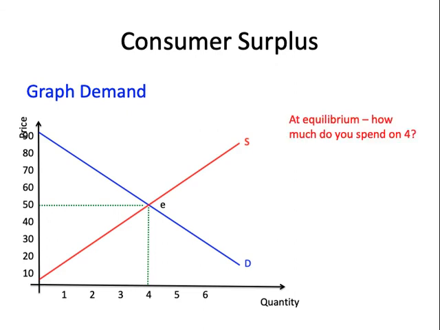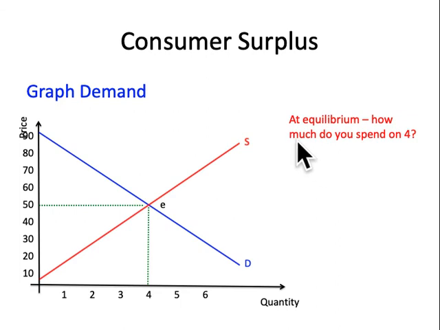So what does this mean? I'm willing to spend $260 to buy 4, but what does it mean if there are competitive markets? In competitive markets, we have a supply curve that intersects our demand curve at equilibrium. Because of the competitive marketplace, in perfect competition, the suppliers are not changing prices. Prices are just set at equilibrium.